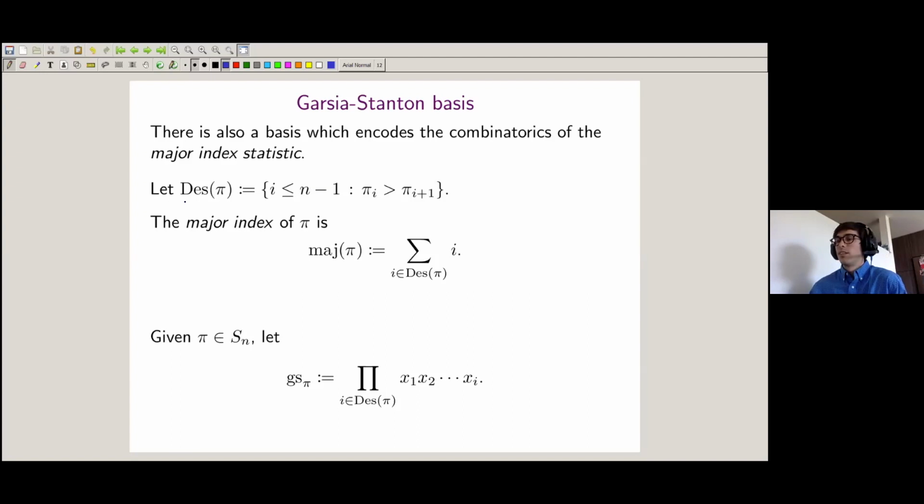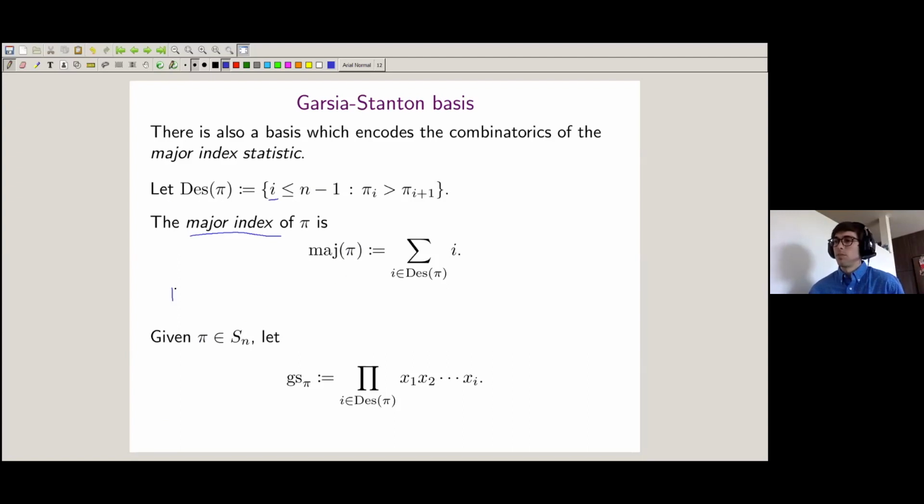We'll let capital Des of pi be the set of descents. That's just the set of indices i, less than or equal to n minus 1, where the permutation descends, so pi i is greater than pi i plus 1. And the major index of pi is just the sum of all of the descents.